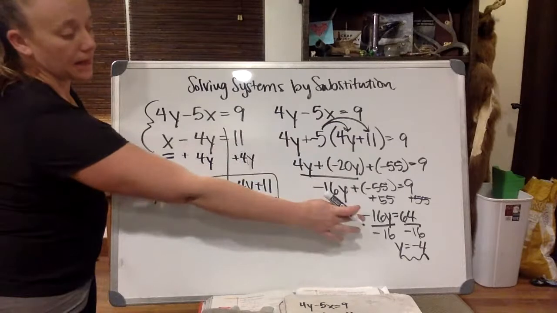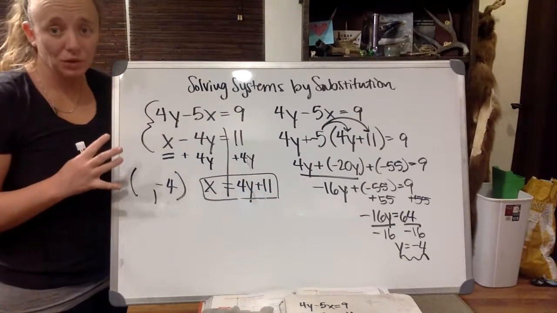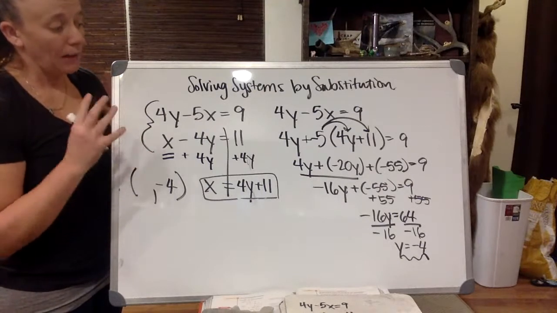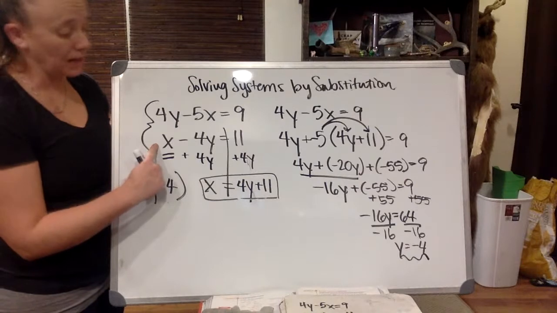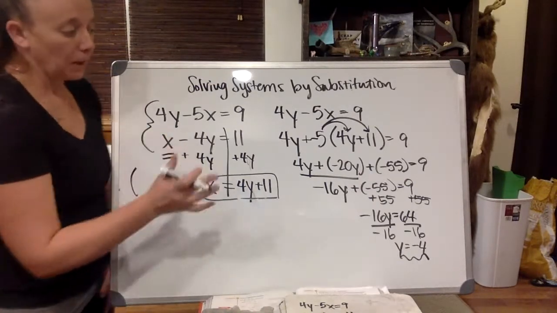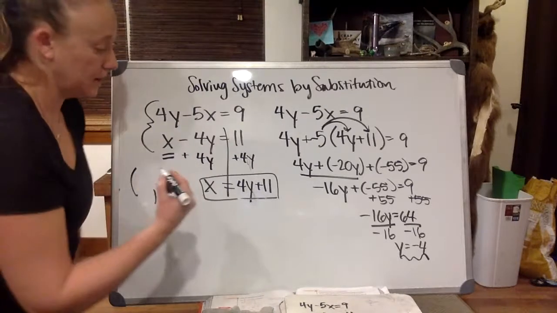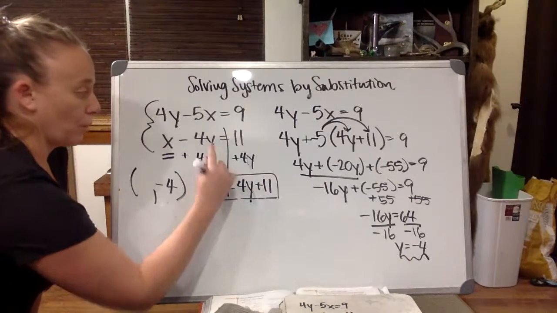Now I'm going to take that information and put it into one of my original two equations. It doesn't matter which one you do. I truly don't care. I'm going to try to make it easier on myself. This one has a little bit less work because the x is all by itself. So I'm going to put it into that equation, but you can truly put it into either one. I'm going to put y equals negative 4 in for y here.